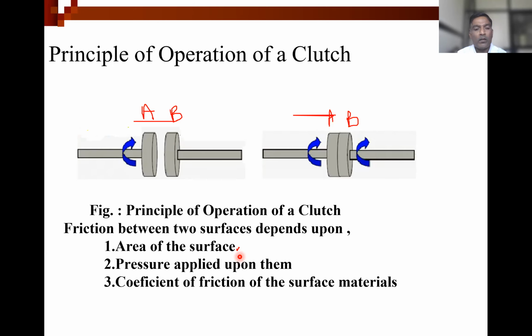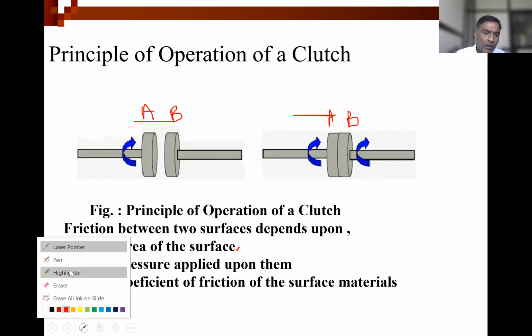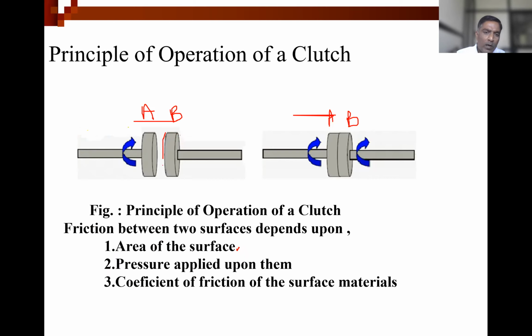And the third one, the coefficient of friction of the surface material. Whatever lining is provided, that lining is not shown in this figure. Here some material is provided, and whatever the coefficient of friction of the surface material, this coefficient is going to play an important role.